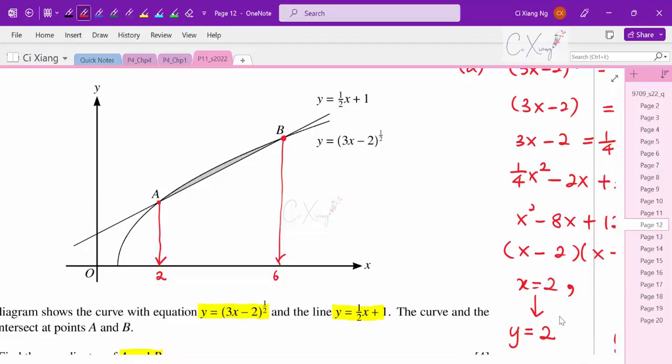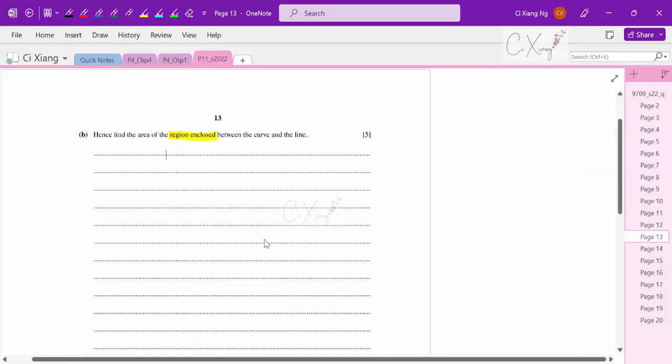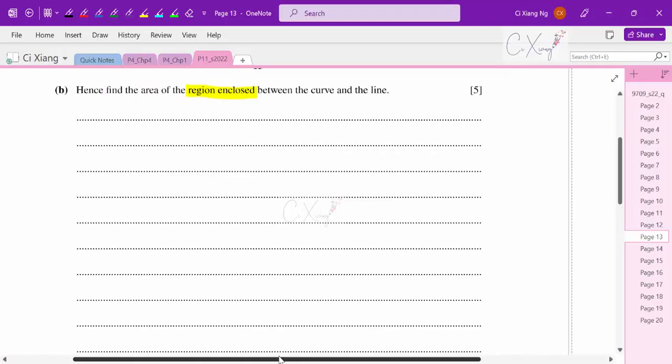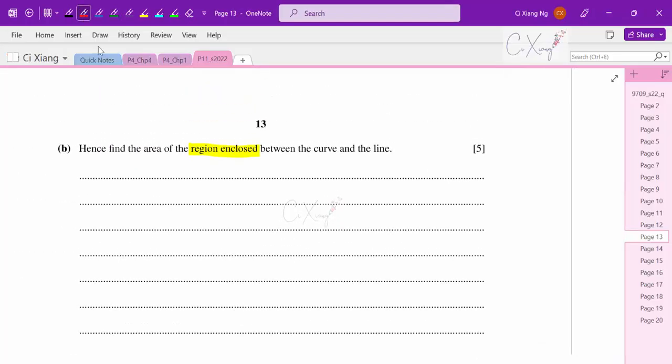Then you can see that the curve itself is the higher curve, and the linear function is the lower function in this range. Therefore, if I want to set up the area for the shaded region, basically it is like this.